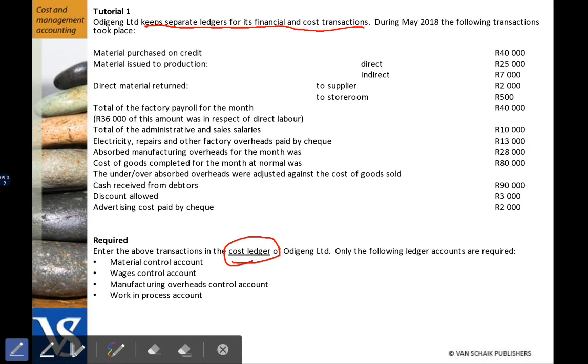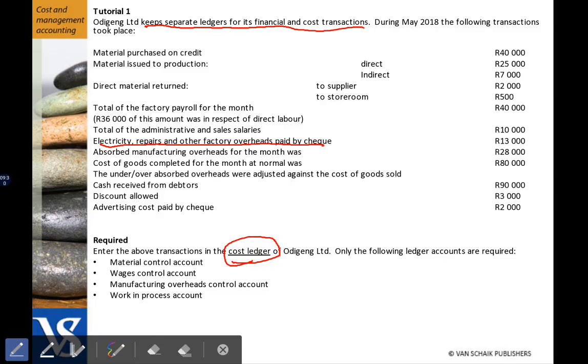Next transaction, electricity, repairs and other factory overheads paid by check. Now look at that, because they say these are factory overheads. So they have something to do with our factory. So we will take that 13,000 total amount to our manufacturing overheads and the bank account, because they are paid by a check.